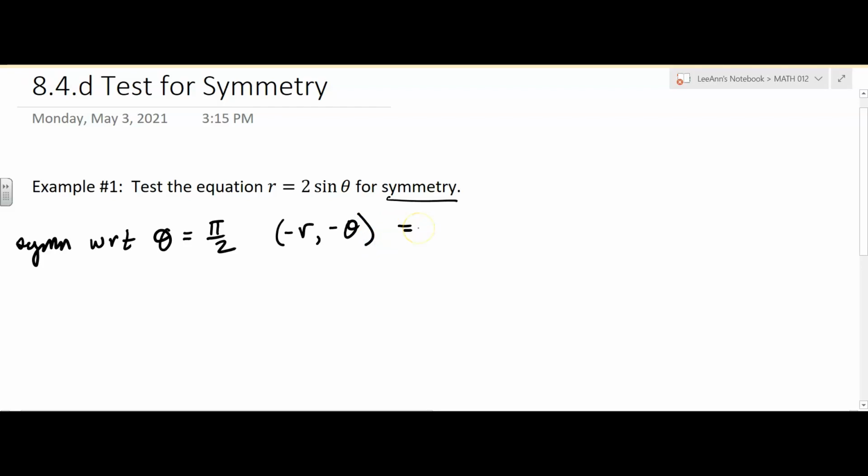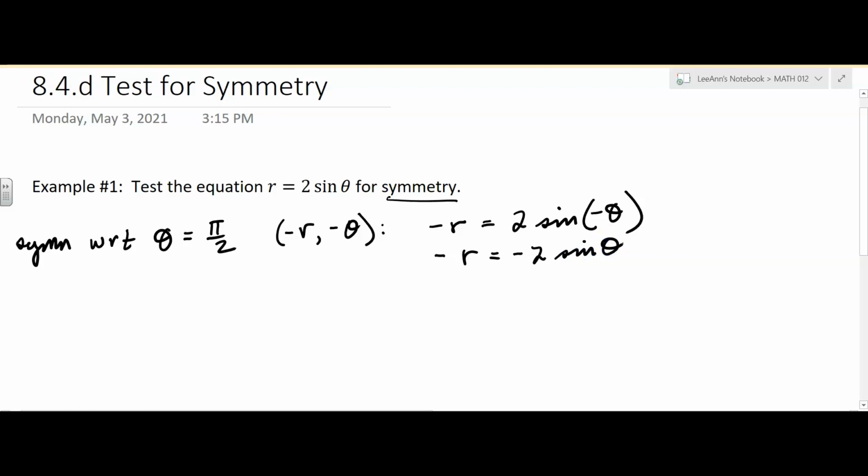When we put, oh, let me erase that. That looks like an equal sign. When we do that, we're going to get negative r equals 2 sine negative theta. Well, that gives us negative r equals sine negative theta. Sine is an odd function, so that's going to be negative 2 sine theta.